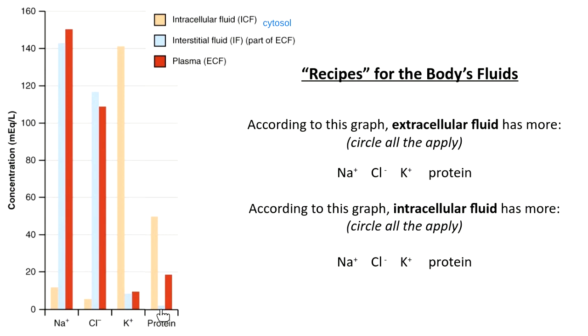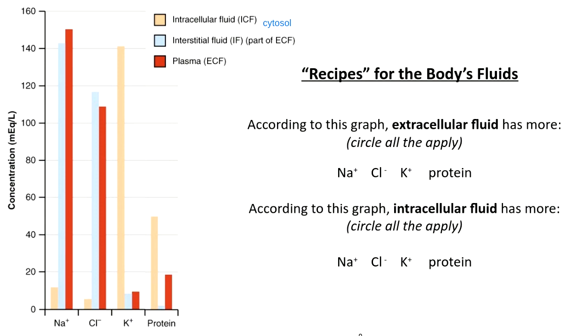In fact, the main way you can tell the difference between plasma and interstitial fluid is that number of proteins that they have. Those are proteins, like your guided lesson explains, that do things like blood clotting or immune reactions. So we would say that our protein level is high in plasma as well.